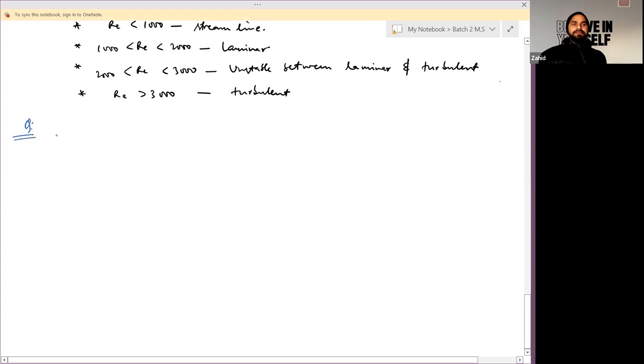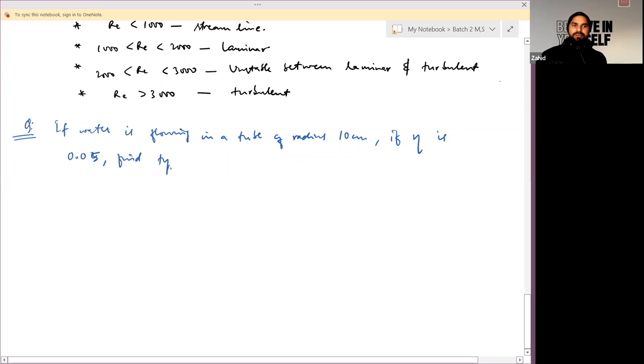Just try to solve. If water is flowing in a tube of radius 10 centimeter, if eta is 0.05, find the type of flow.